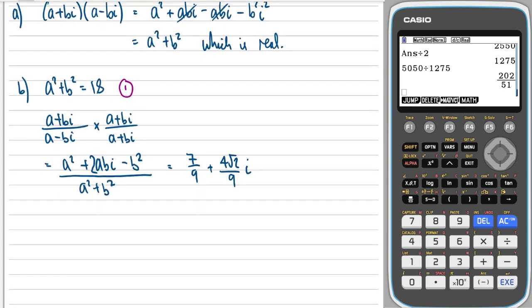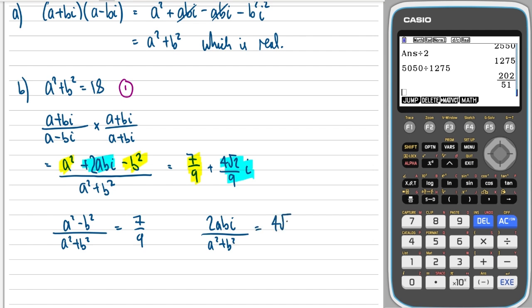So now what we can do is we can equate coefficients. So we know that the real part is this. So I can write that a squared minus b squared, over that denominator, a squared plus b squared, is equal to 7 over 9. Or if you wanted to, you could equate the imaginary parts by saying that 2abi over a squared plus b squared is equal to 4 root 2 over 9.